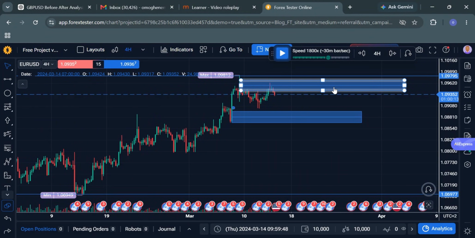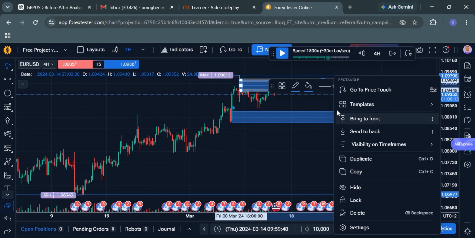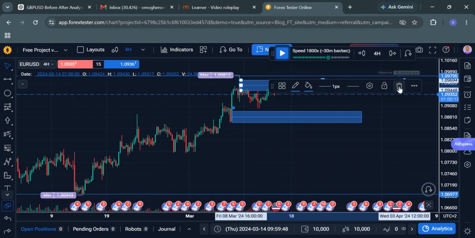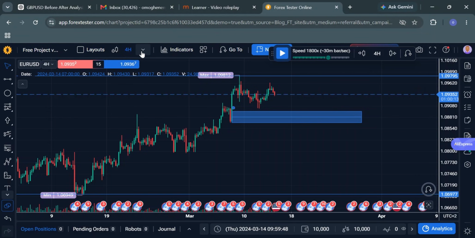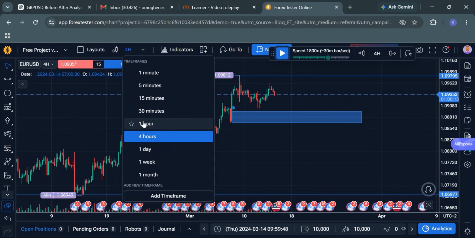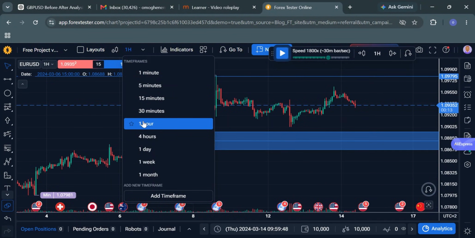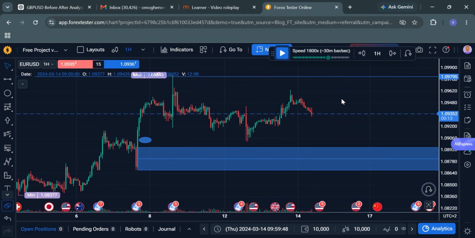Now let me take this out. Yes. So now let's go back to the 1-hour time frame so we can have a clear view of this. Now on the 1-hour time frame, this is the previous high, this is the highest high.